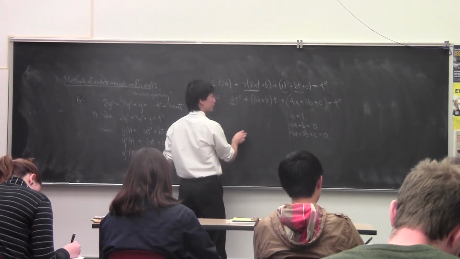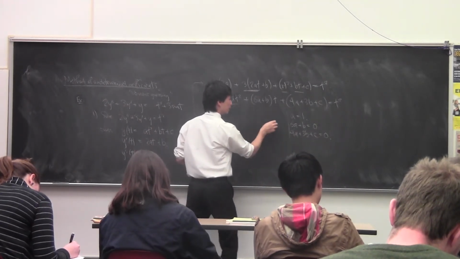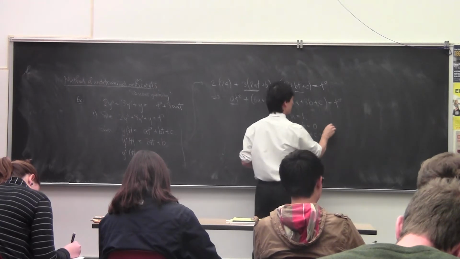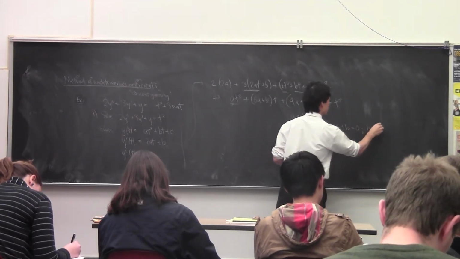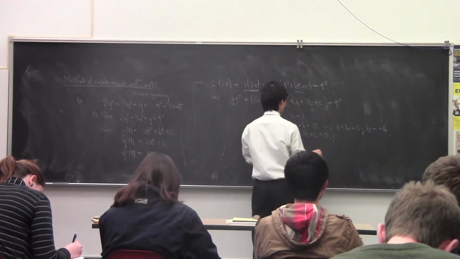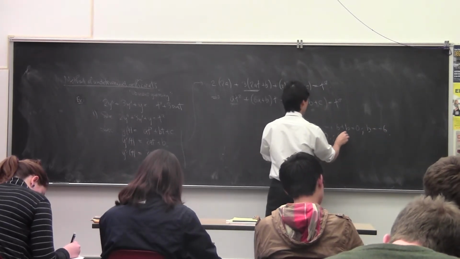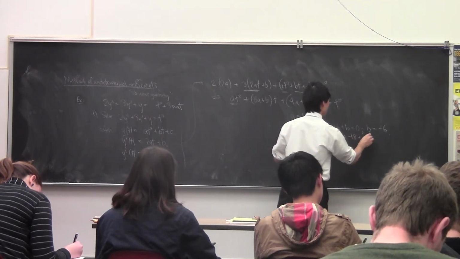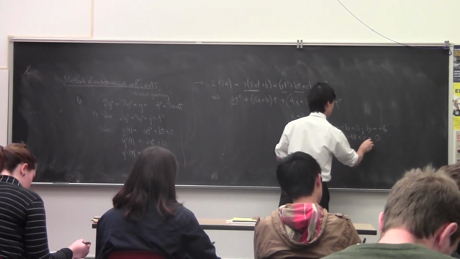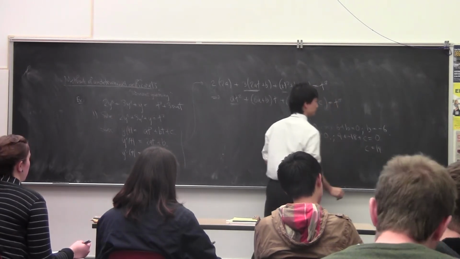Right? So a is 1, and then we get 6 plus b is 0, and so b is minus 6, right? And then we get 4 plus negative 18 plus c is 0, so c is 14.